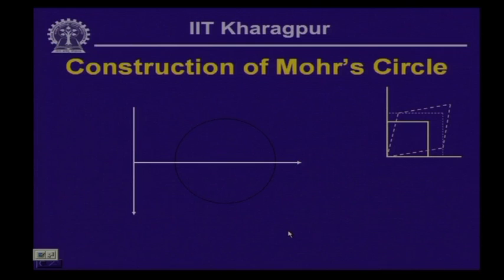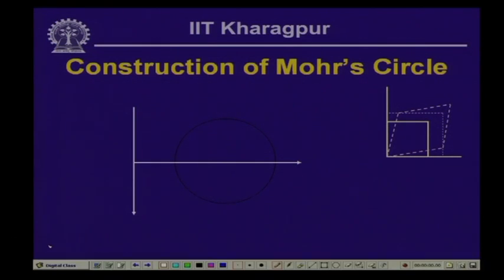Well, let us look into how we plot the Mohr circle of strain if we know the normal strain components epsilon x, epsilon y and gamma x y. For this particular element at a point, we have the dimensions dx dy, the strain in the x direction as epsilon x, in the y direction as epsilon y and the shearing strain as gamma xy.